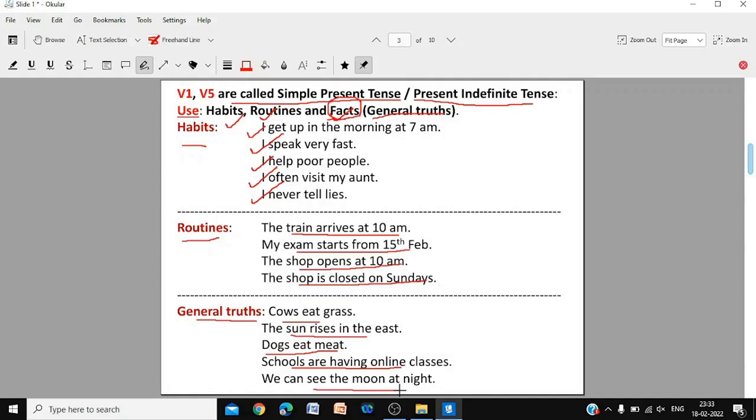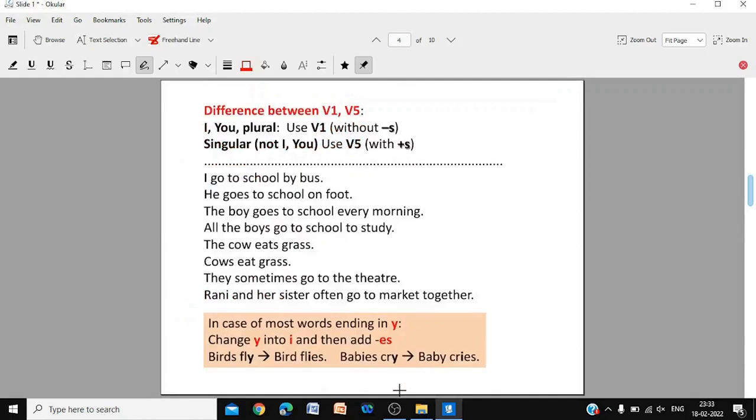Now, what is the difference? Let's see. Difference between V1 and V5. V1 means without S, come, go, read. And V5 is with an ending S, comes, goes, reads. When it is I, you, or a plural subject, we use V1.